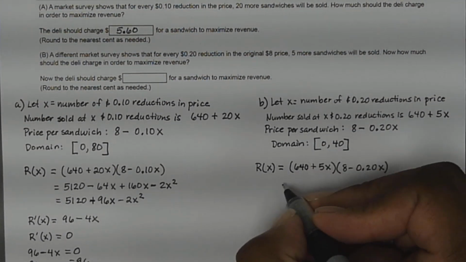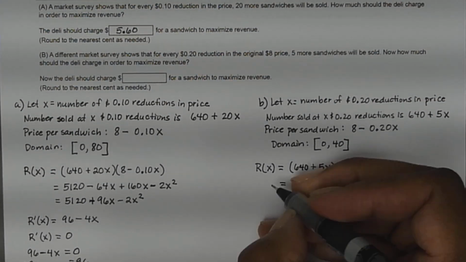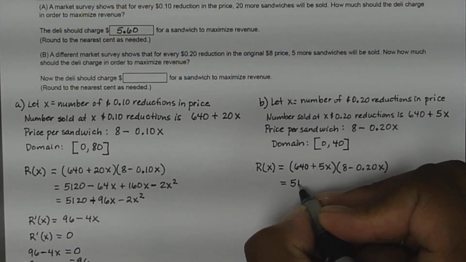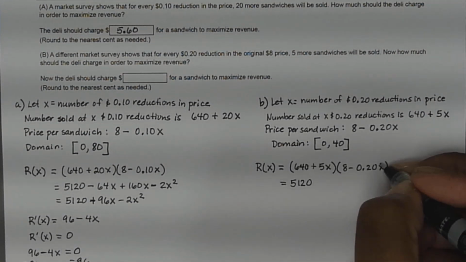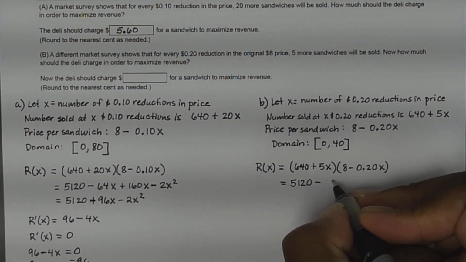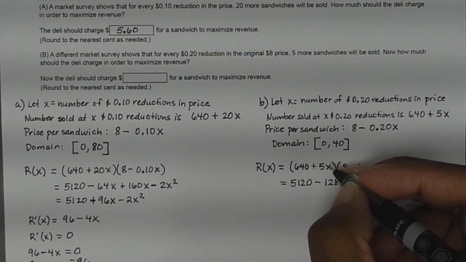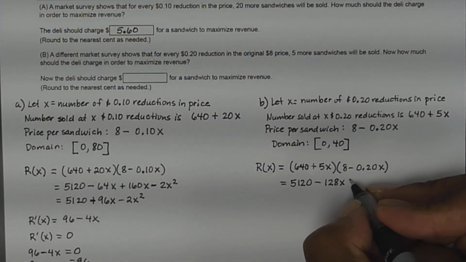In this case, 640 times 8 is 5120. Then 640 times a minus 0.20x would be a minus 128x. The inner 5x times 8 would be plus 40x.